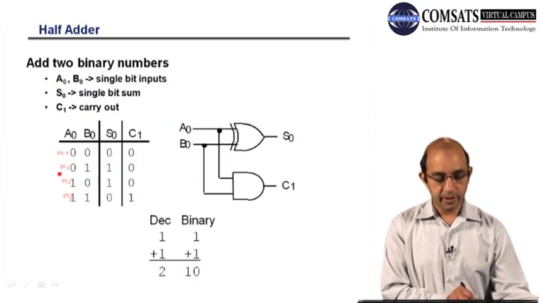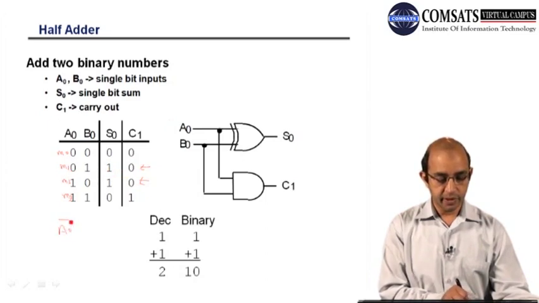So I will be looking here regarding the sum. This is A0 bar B0 plus A0 B0 bar. And this is the Boolean expression of an XOR gate.